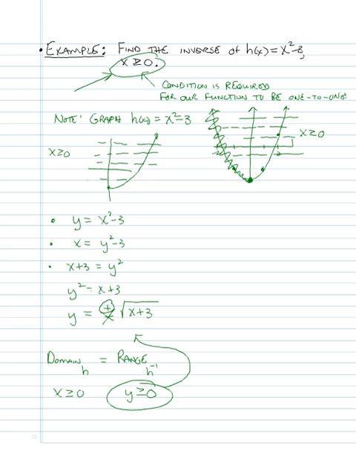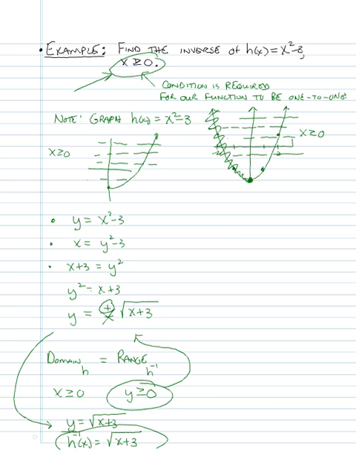That's, again, why that condition is necessary. So we end up with y is the square root of x plus 3, not plus or minus. And so h inverse of x is the square root of x plus 3.